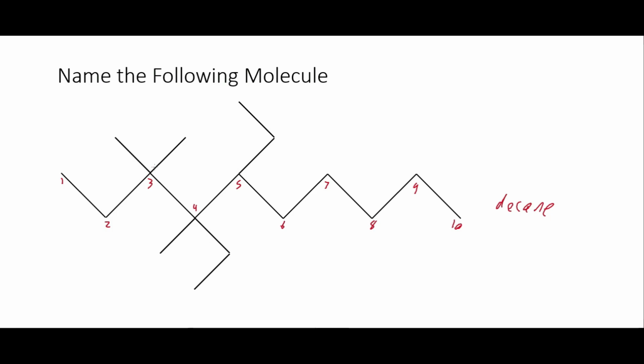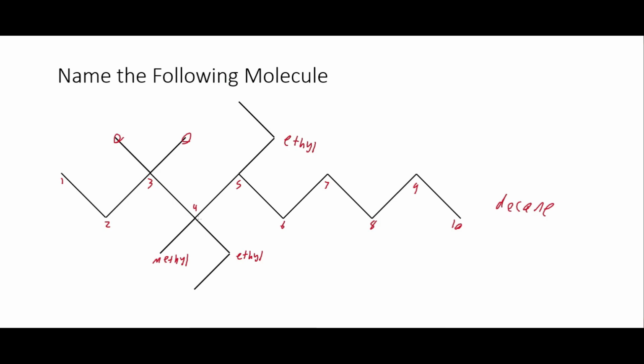But now let's look at these substituents. So we have 2 methyls on this 3. We have on the fourth carbon an ethyl and a methyl right here. Then on the fifth one, we have another ethyl right there.